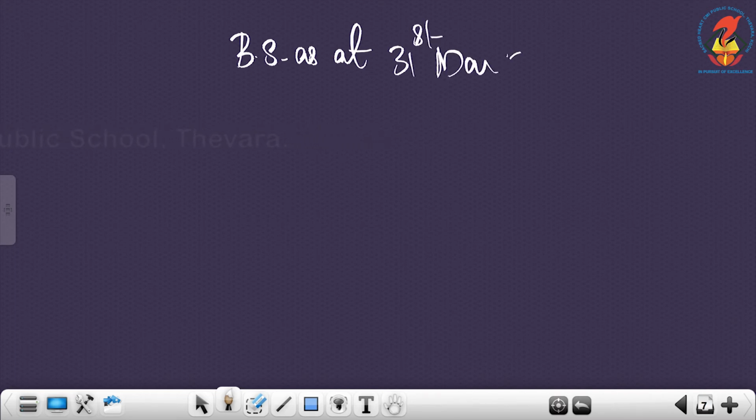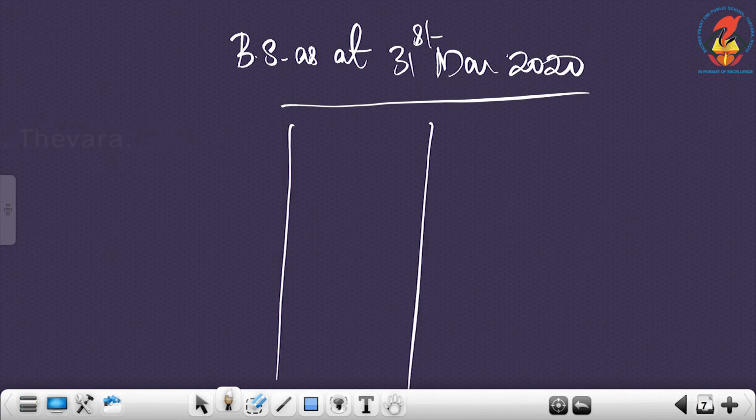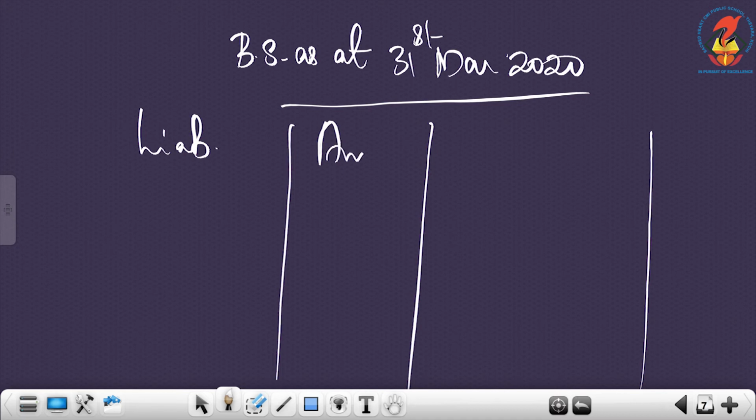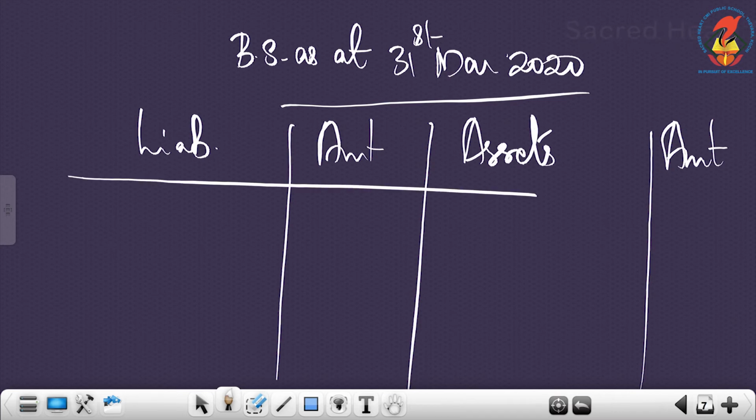Give the format heading. With capital we will start. So capital amount is 31,88,000.